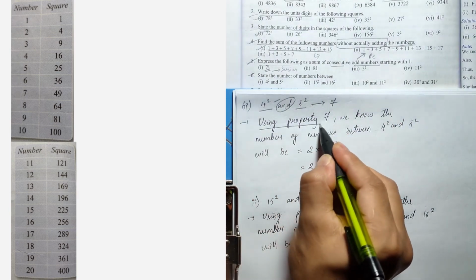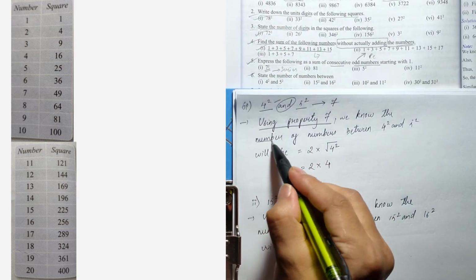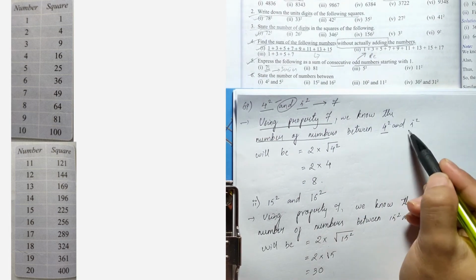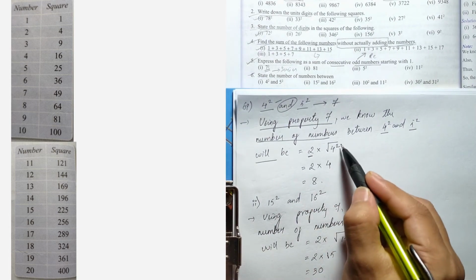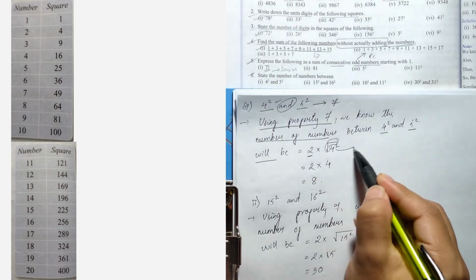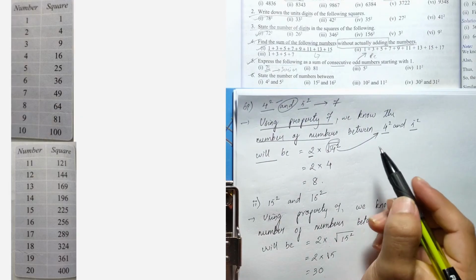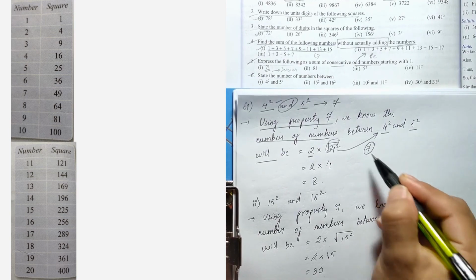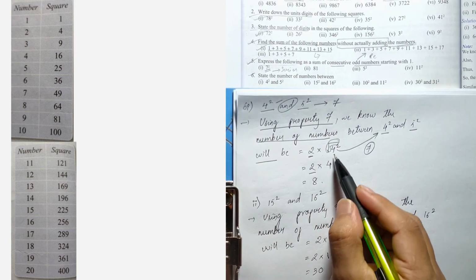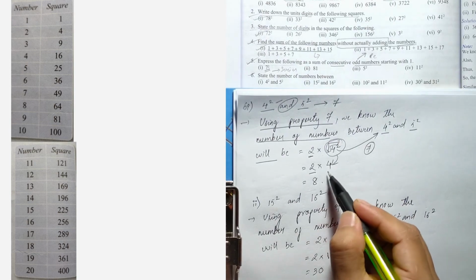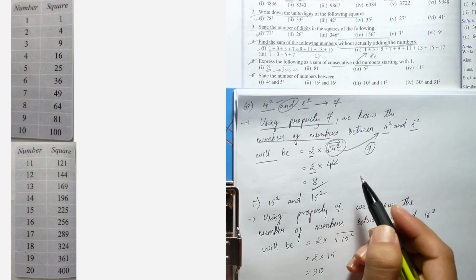Using property 7, the number of numbers between 4 square and 5 square will be 2 into the square root of the first number. Please recollect property number 7. So 2 into square root of 4 square. The square root of 4 square is 4. So 2 into 4 is 8.